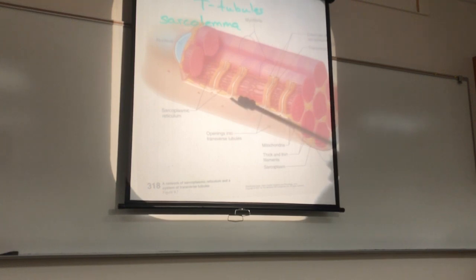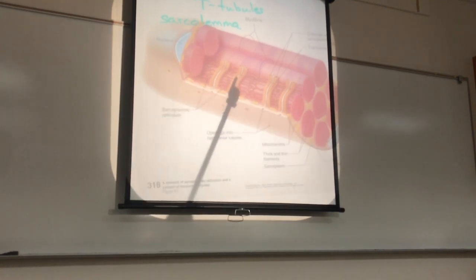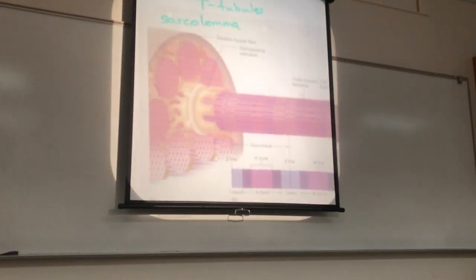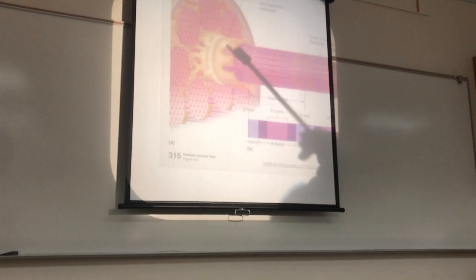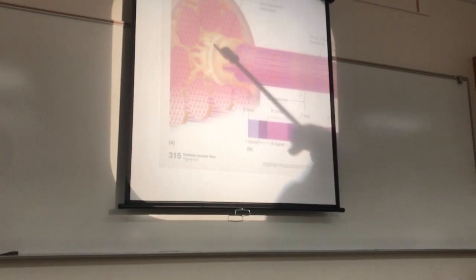So this little hole is an opening into the T-tubule. So we have the sarcolemma, and continuous with it, part of it, the T-tubule. Give you a bigger picture here. All right, so here's the sarcoplasmic reticulum, and here's the T-tubule.